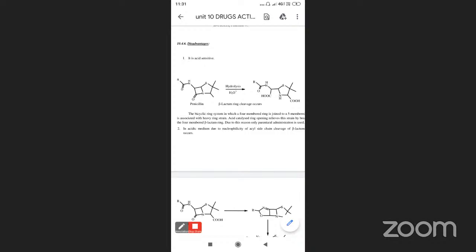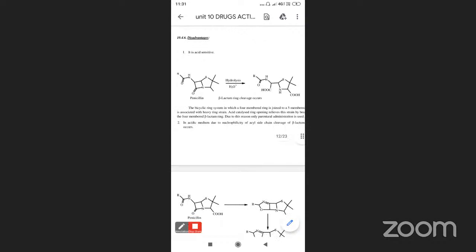So generally in our body there is an acid called HCl, hydrochloric acid. With that particular acid, the beta lactam ring is going to cleave. The beta lactam ring is going to cleave with the acid here, right?